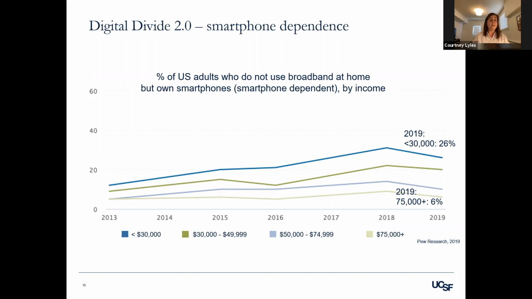What that means is that they're obviously online in a different way, but they are likely on data plans that have limits, or potentially lower quality and speed, that might inhibit their access to a lot of digital health technologies, but particularly video visits. They're not going to take up their data plan or their bandwidth just to call into their doctor's office. They might want to preserve that for other information. So you can go to the next slide.